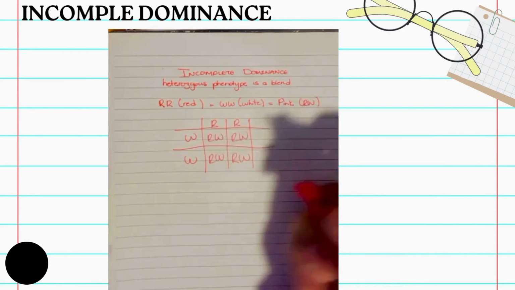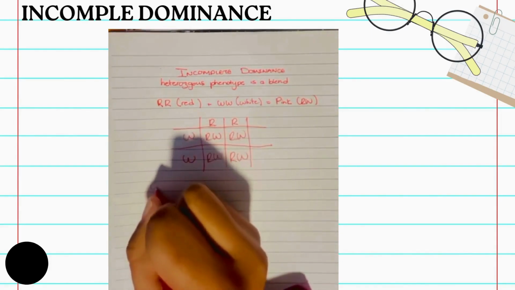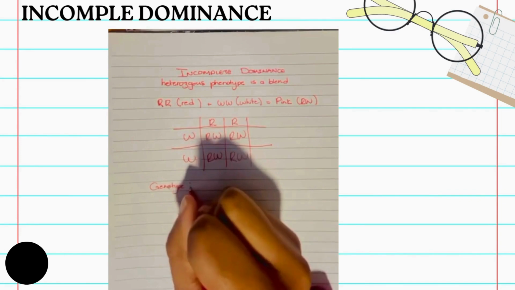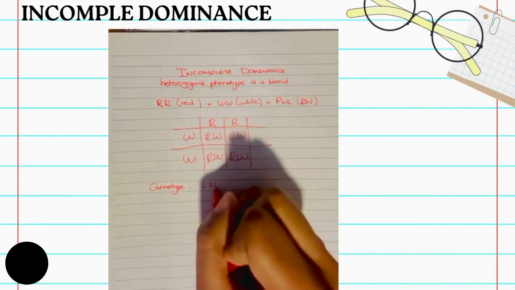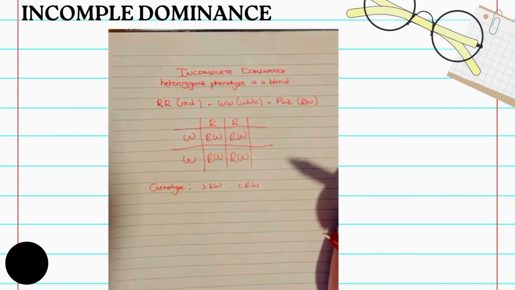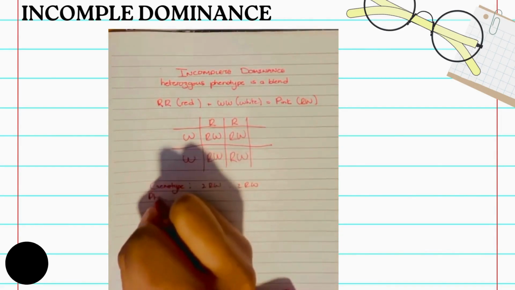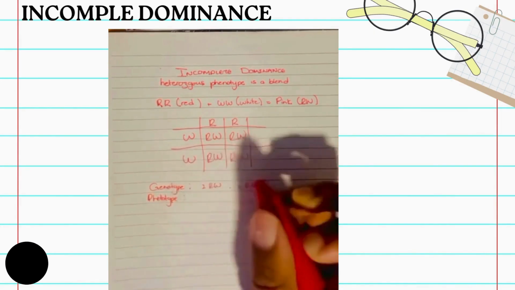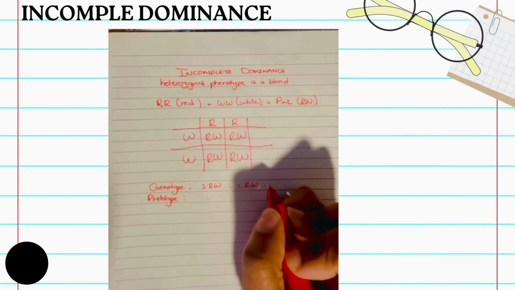So that's what happens. Again, genotype is the genetic makeup, which is RW, and then the phenotype is how it's going to show. And again, instead of saying it is red and white, it blends and forms pink. So the flower that's going to form is going to be pink.